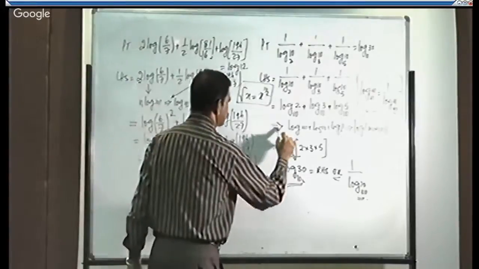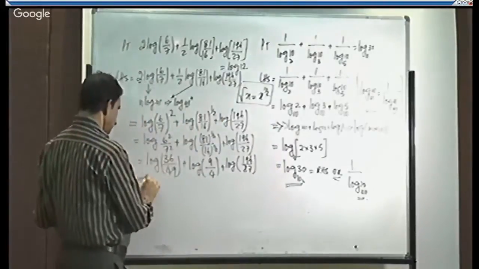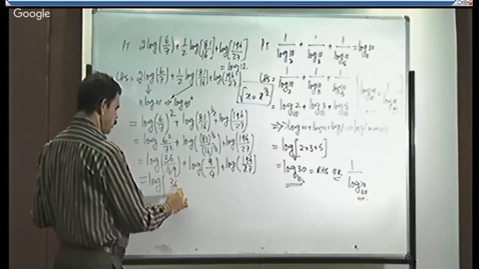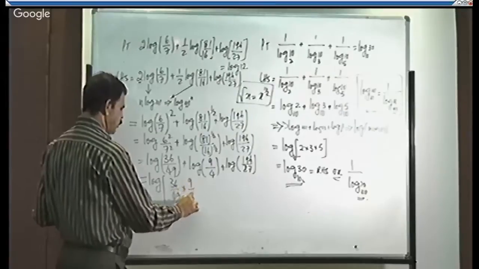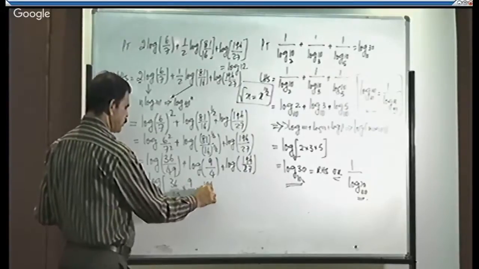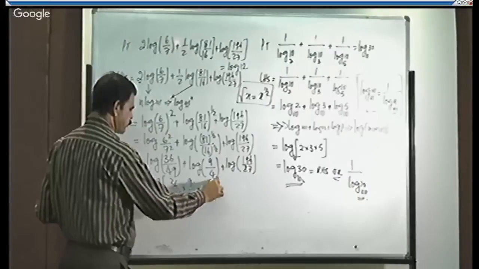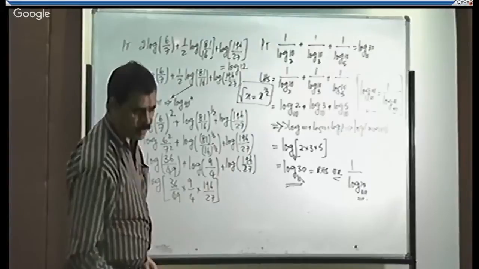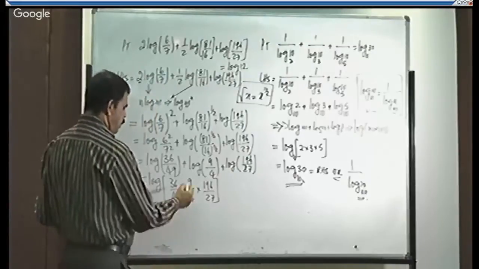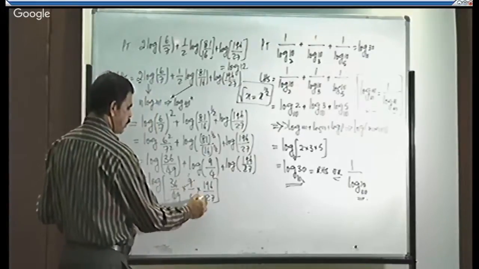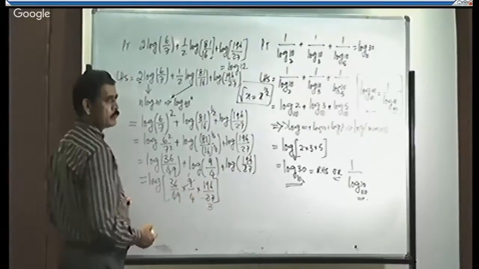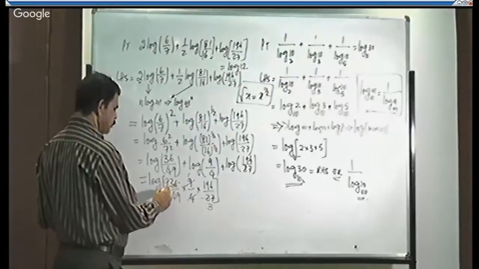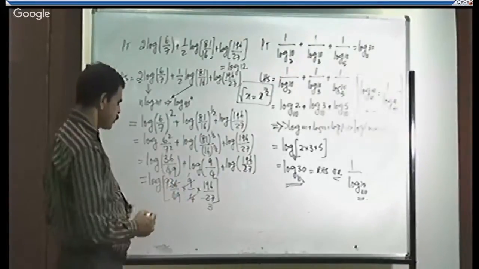Now, according to this extension of first law, we can take it as log of 36 by 49 into 9 divided by 4 into 196 divided by 27. Simplify them. 9: 1 ja 9, 3 ja 27, right? 4: 1 ja 4, 9 ja 9, 4 ja 36.